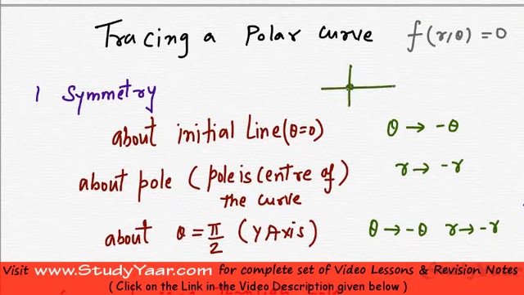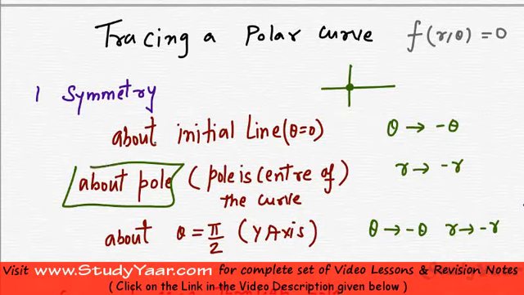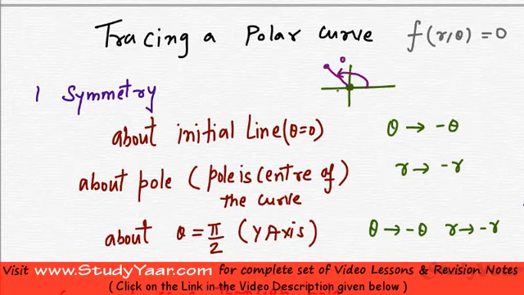Let's suppose this is your pole. Symmetry about the pole basically means if this is the r at a particular theta, then over here also you would have the same value of r. So if you have r equal to say 20 over here, then over here also, that is at theta plus pi, you are going to have the same r, equal to 20.